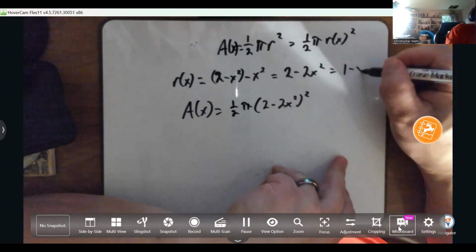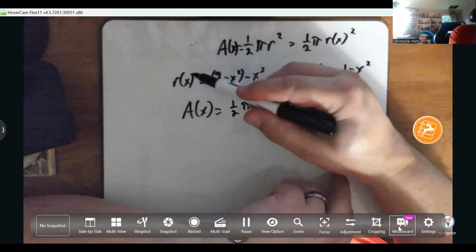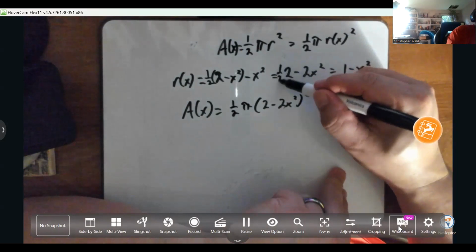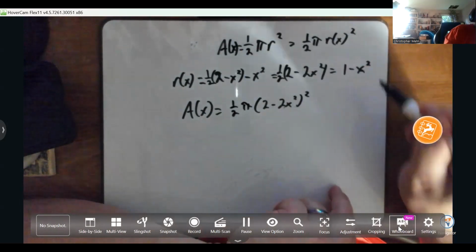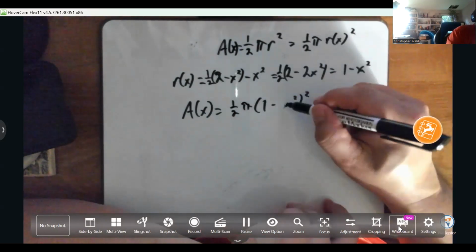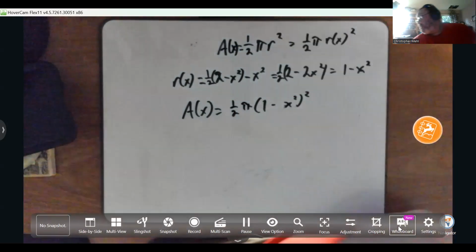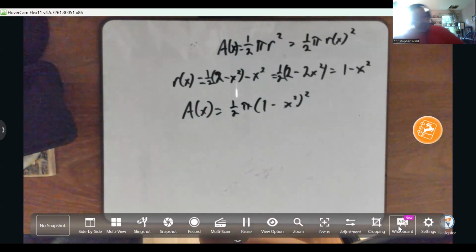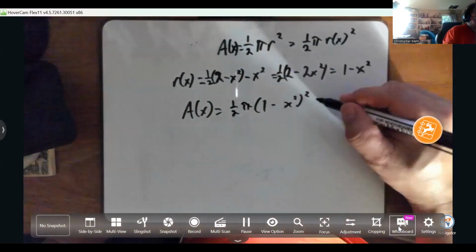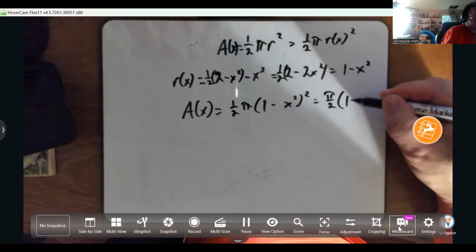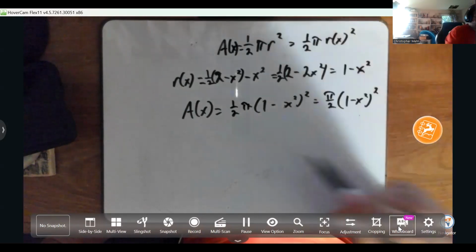This actually works out to be 1 minus x squared, because the area of the cross section is actually 1/2 of this. All right, so it's 1 minus x squared like so. And so this then becomes pi over 2 times 1 minus x squared, quantity squared.